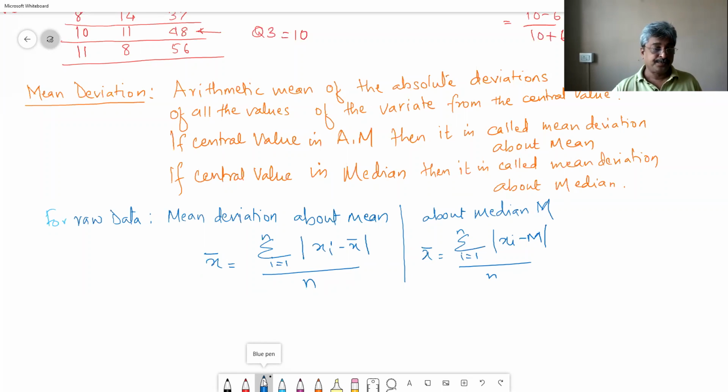For grouped data, frequencies will be mentioned.